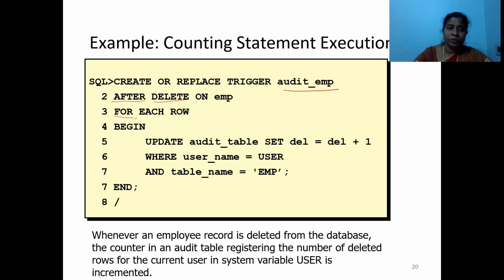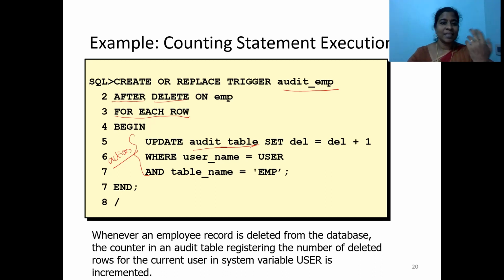Here we are going to execute that for each row. So begin. This is the action that we wanted to execute whenever there is a delete operation on the employee table. So what are we going to do? Whenever there is a delete, we are going to update the audit table.